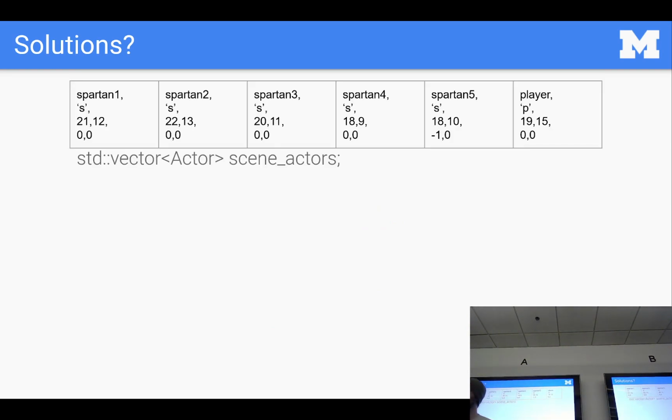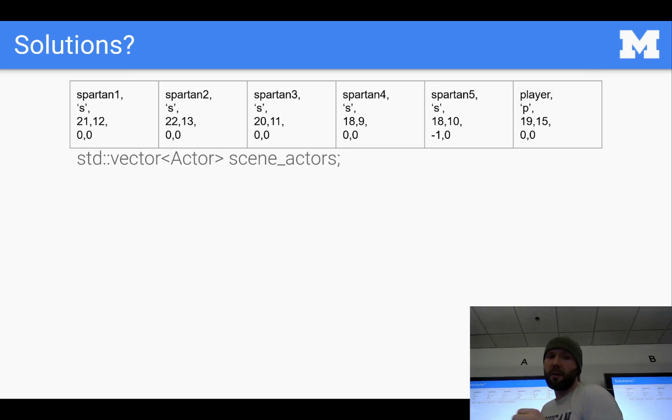So one solution is to have basically one primary store of data and treat that as the source of truth. In this case, we have our standard vector of actors, scene actors, the same as it was last time.